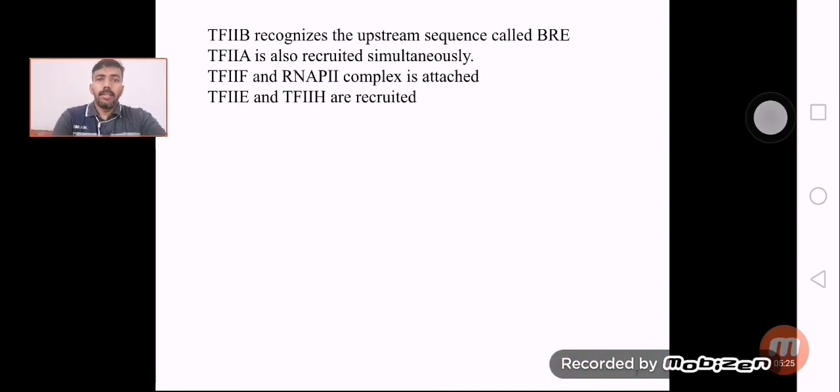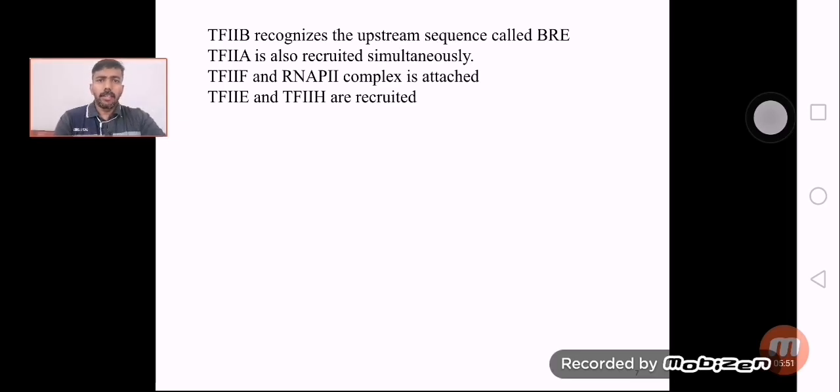Now the order of events, the mechanisms. The next transcription factor to come into place is TF2B, which recognizes a different site, what we call the BRE, the TF2B recognition element, which is still upstream of the TATA box, usually at around 30 to 40.